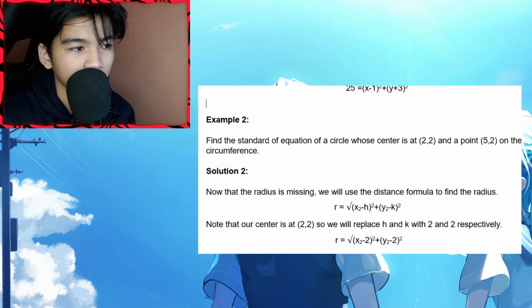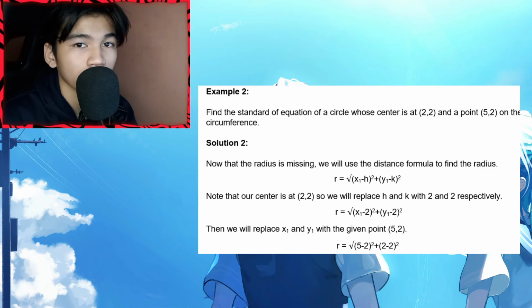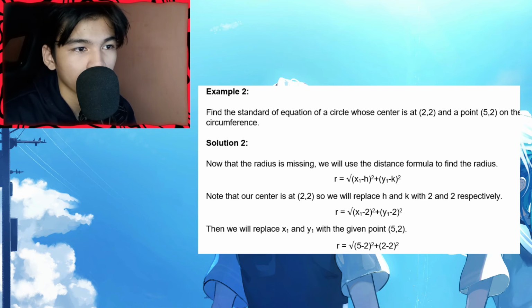So let us have our second example. For example number 2, find the standard form of equation of a circle whose center is at 2 and 2 and the point 5, 2 is on the circumference. So the formula that we are using here is the distance formula. The distance formula is r equals square root of x1 minus h squared plus y1 minus k squared.